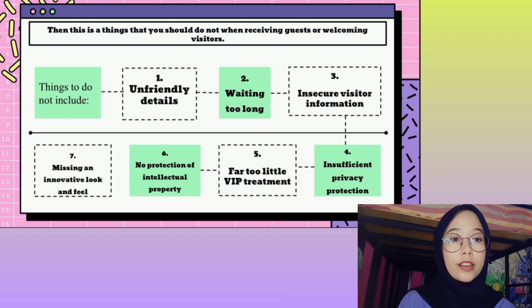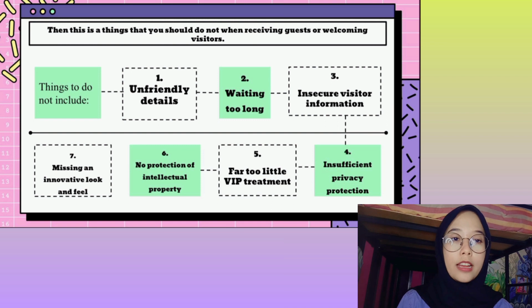Number 4, insufficient privacy protection. Number 5, far too little VIP treatment. Number 6, no protection of intellectual property. Number 7, missing an innovative look and feel.